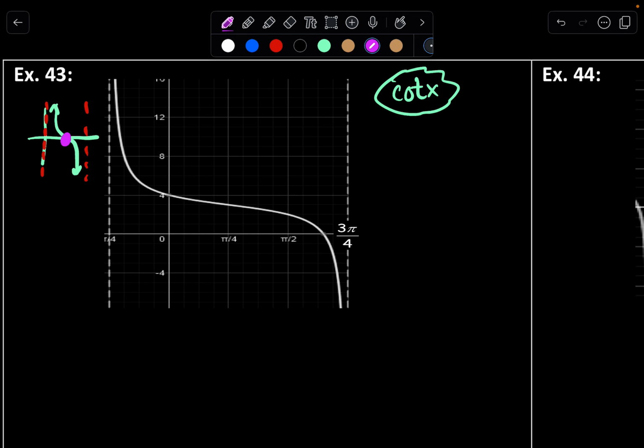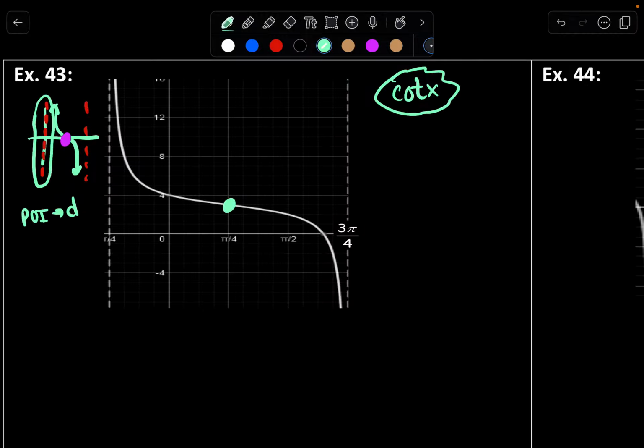All right, so for cotangent, we can still use that point of inflection, but you have to be careful with how you use it, all right? Because for cotangent, the focus now is that vertical asymptote on the y-axis, okay? We can use the POI for the D value for your vertical shift up or down, okay?